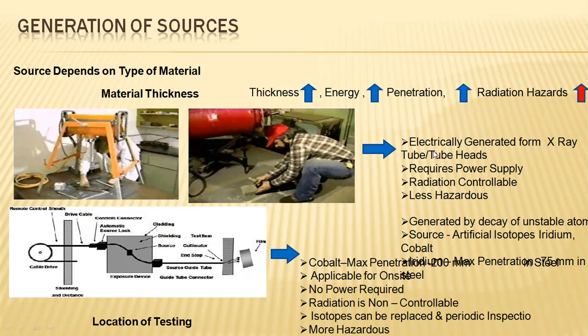First, the electrical energy is generated to produce the X-rays, which requires the power supply, radiation controller, and the maximum allowable limitations of the rays. And there is a remote control switch, which is a shielding and distancing point.